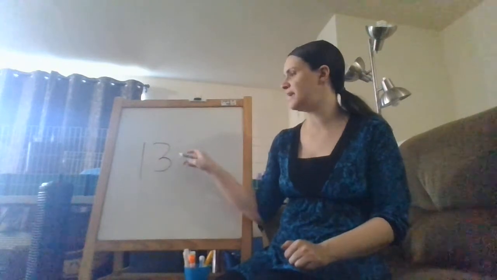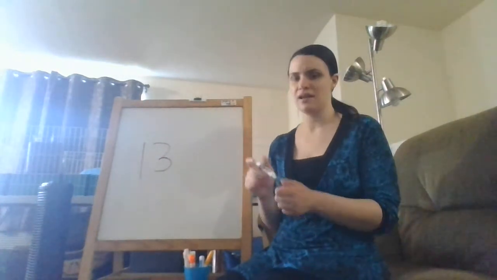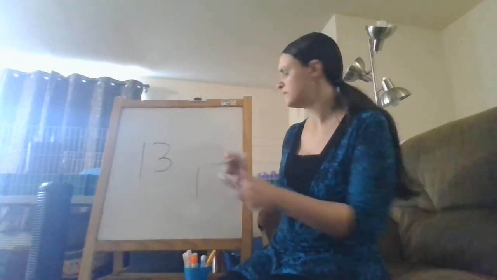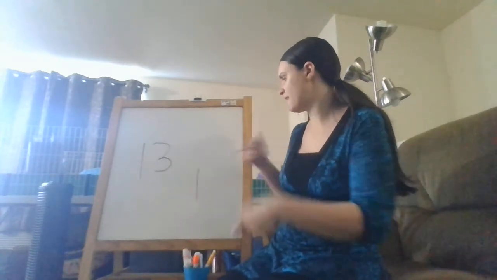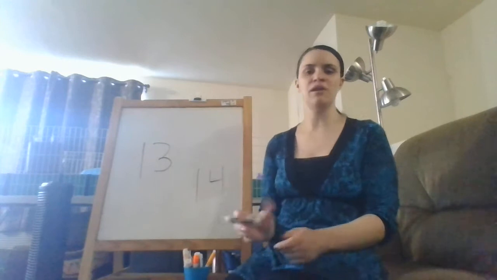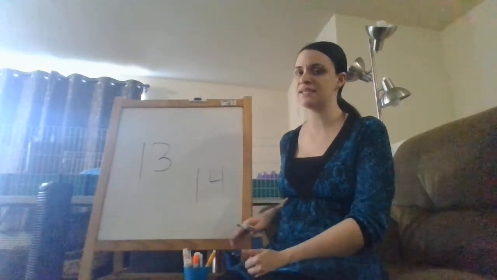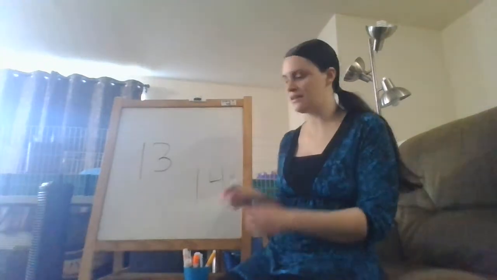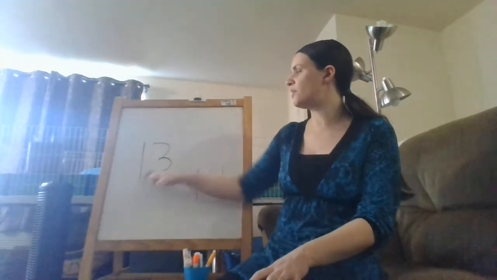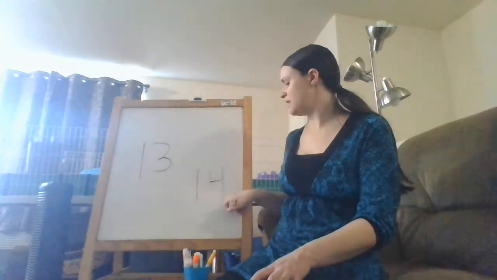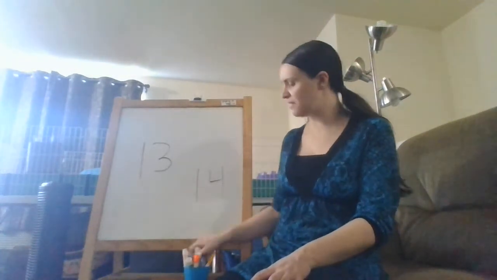Ready? 13. Good. And then our other number happens to be a 1 and a 4. What number is a 1 and a 4? Good. It's 14. Can we say that together? Ready? 14. So let's say these one more time. 13, 13, 14, 14. Very good.